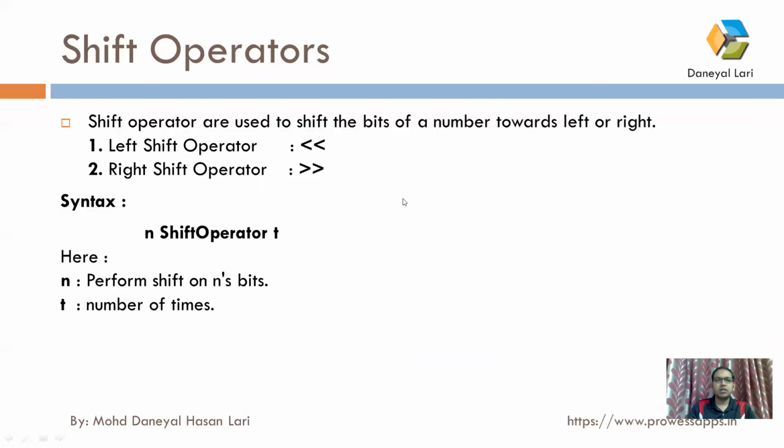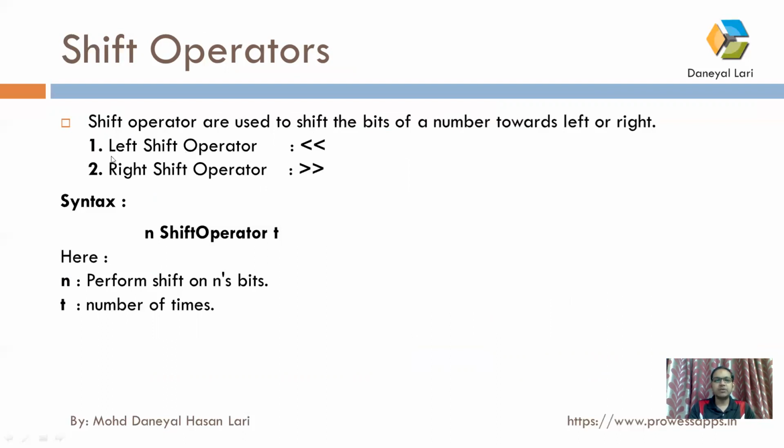Next one is the shift operator. This is also a bitwise operator. It also works on bits. The two less-than symbols represent the left shift, and the two greater-than symbols represent the right shift.